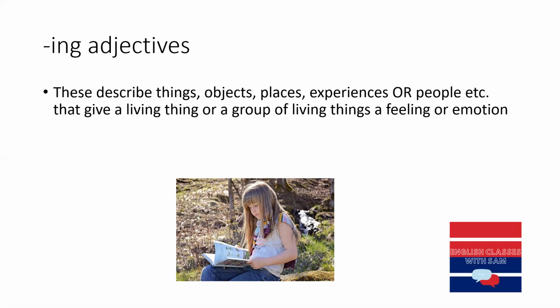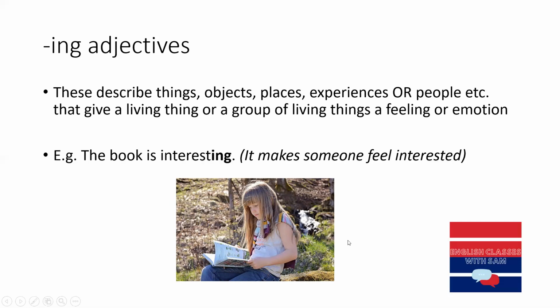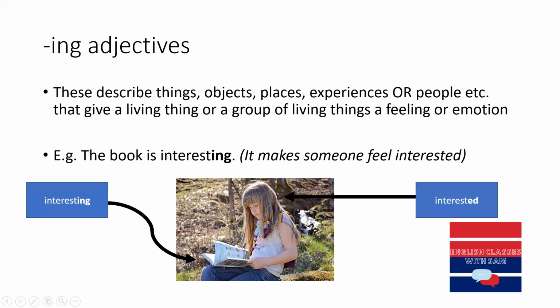So here in this picture, we've got a girl and she's reading a book. So it's the book, the thing, the object that is interesting. Okay, this book is interesting because it makes the girl feel interested.